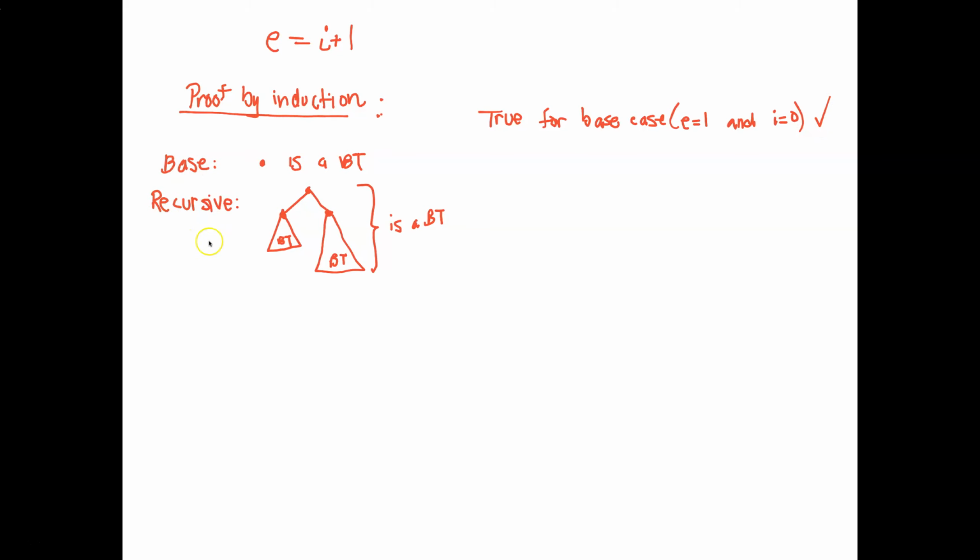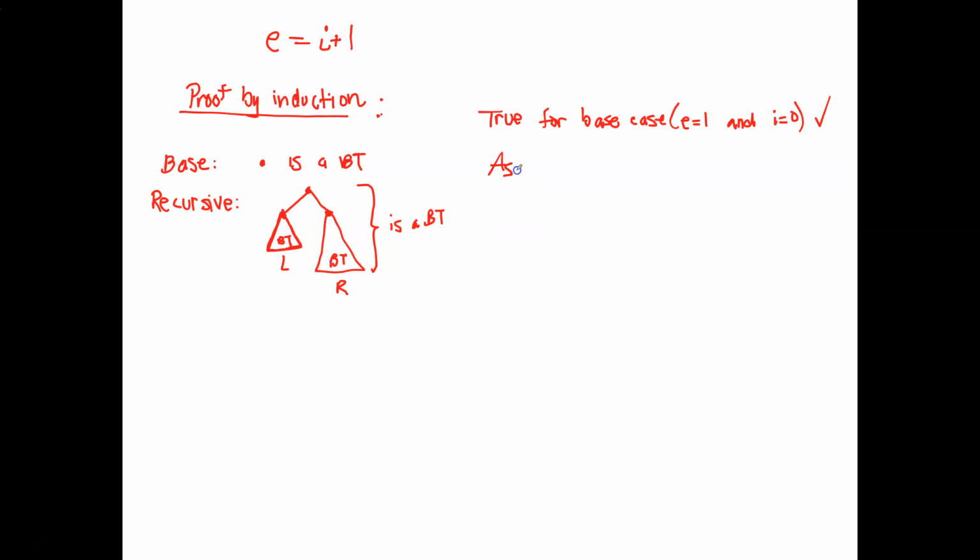Now we have to show that this is true using our recursive case. How we do that is we're going to assume already that this property is true for just this left binary tree and this right binary tree, and then use that to show that it's true for this entire larger binary tree that we construct. So in order to separate them, to show which one I'm talking about, I'm going to write it this way.